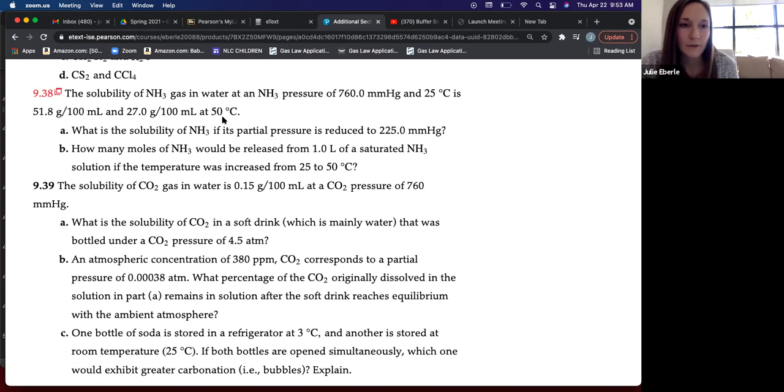Maybe that feels complicated, but they're giving you two different solubilities at the same pressure, just at different temperatures. Part A: what is the solubility of NH3 if its partial pressure is reduced to 225 millimeters mercury?